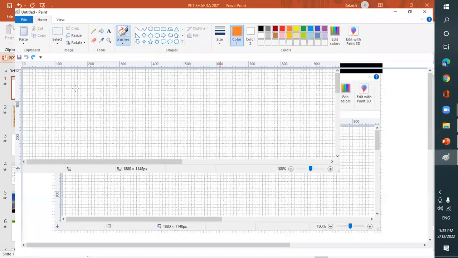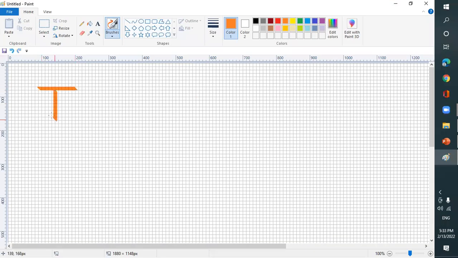So first was K. K is actually slightly bending. When I come here, it's slightly like this. Now U was Ku. Then next was Gu.